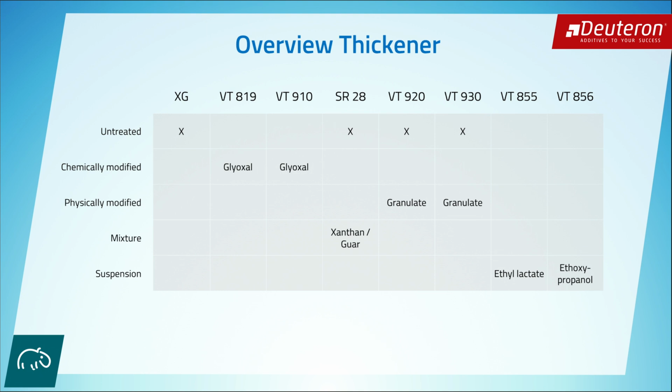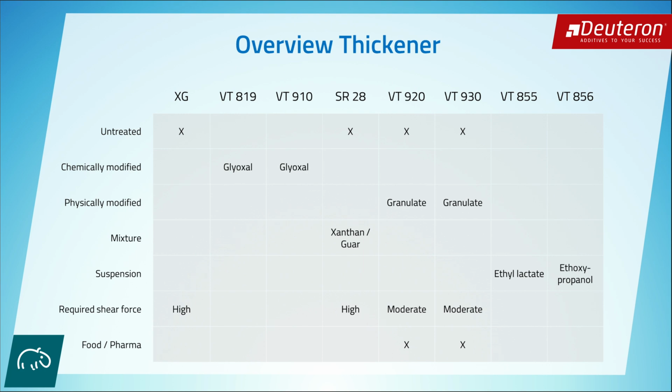Pre-wetting enables an easy incorporation. Higher shear forces are only required for Deuteron XG and SR28. VT920 and VT930 need only slight stirring. Deuteron VT920 and VT930 are suitable for use in food and pharma applications.